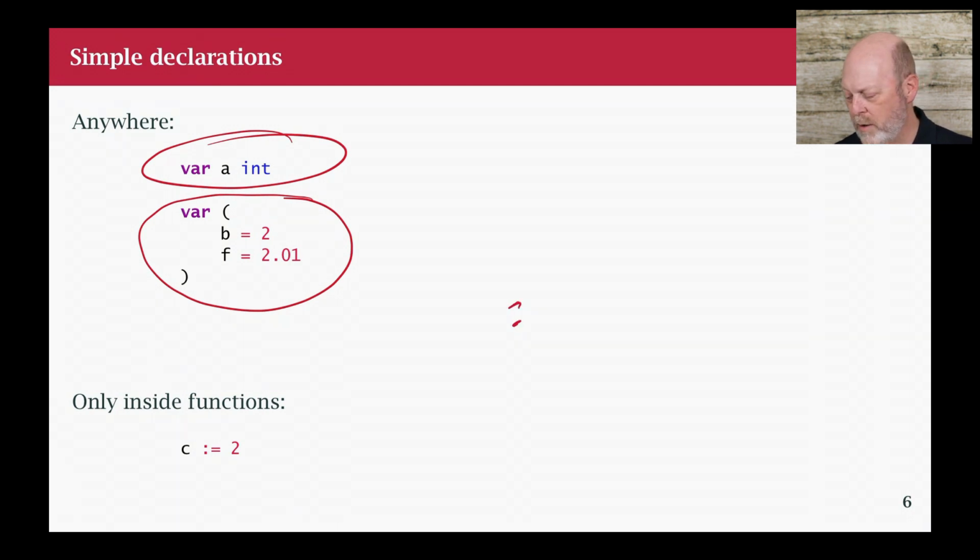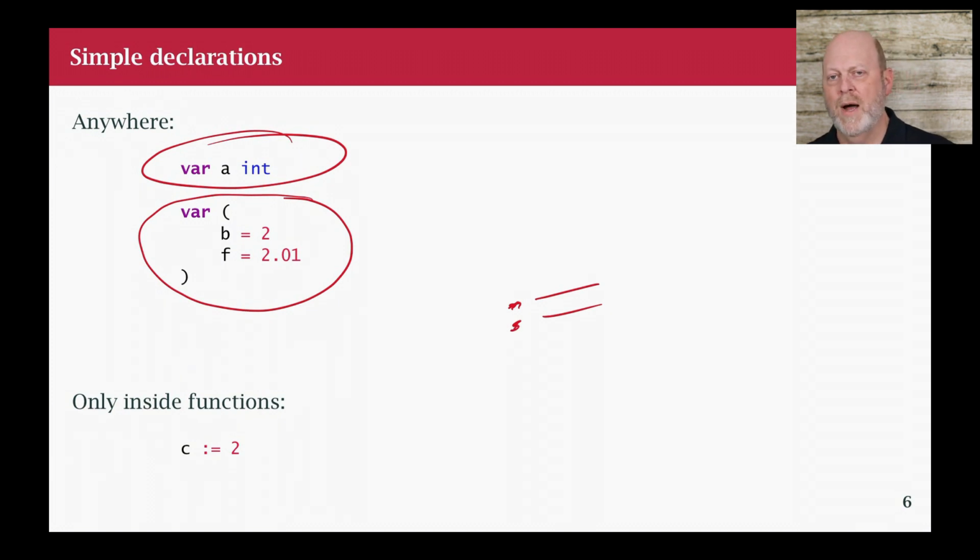It looks like this: a colon and an equal sign. In Go, it's not an assignment operator, it's called the short declaration operator. Its purpose is to declare a variable and give it a value at the same time and implicitly. So whatever that number is, in this case 2, we know what the type of 2 is, it's an int. So A is given the value of 2 and typed as an int right there. It's very convenient.